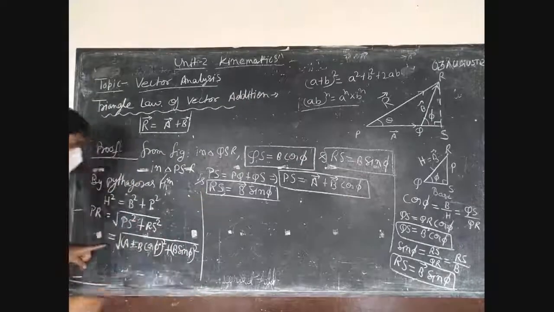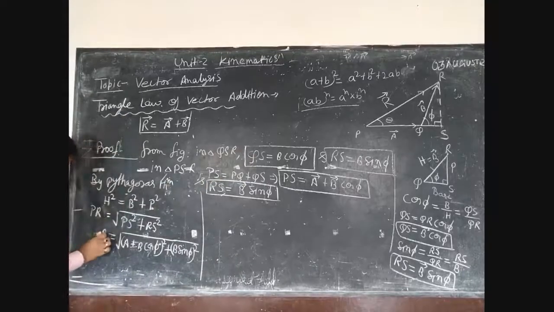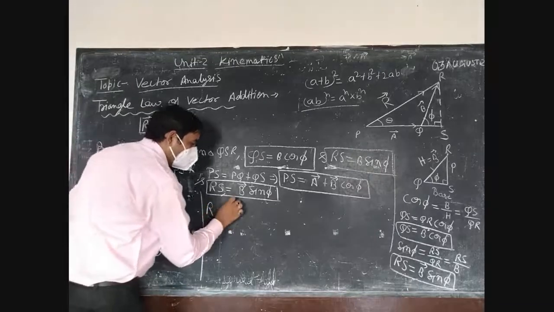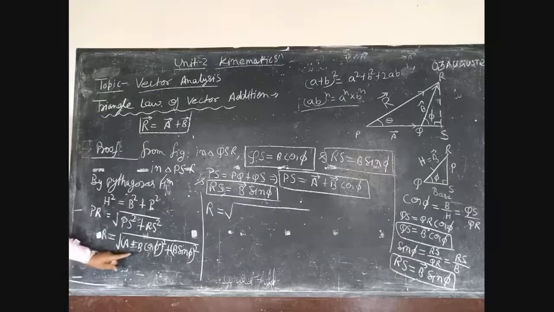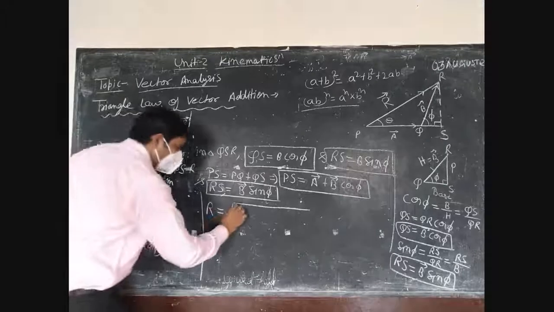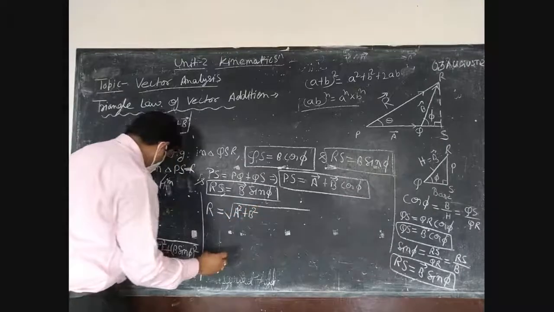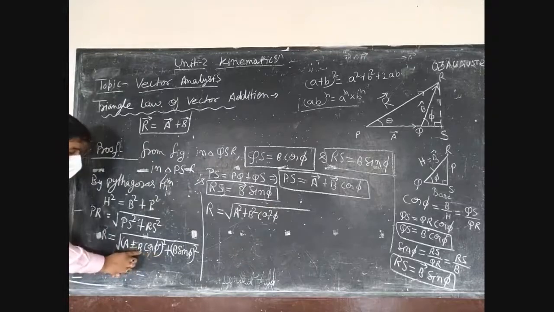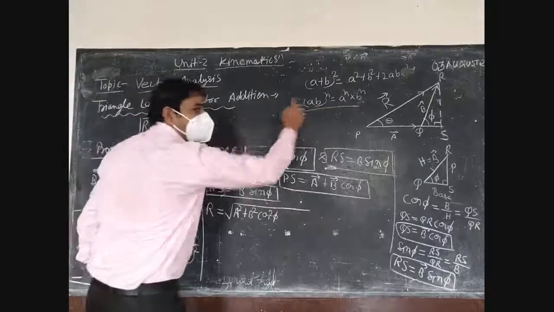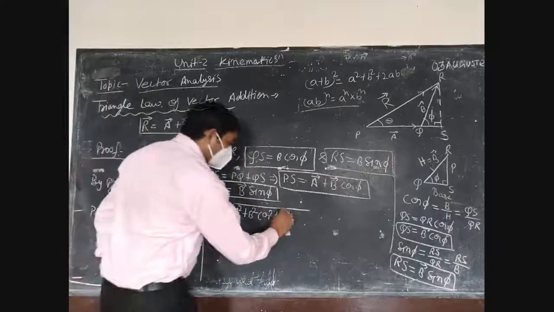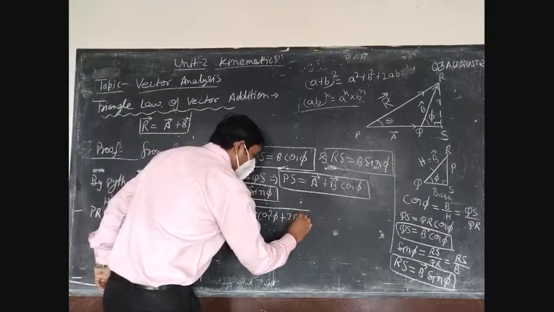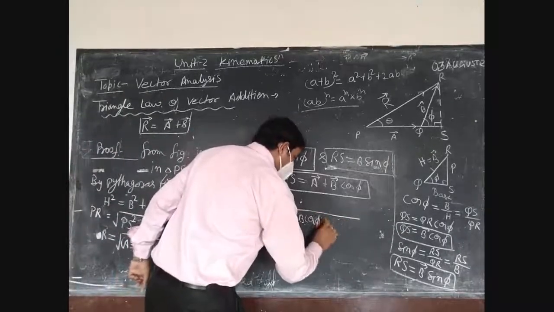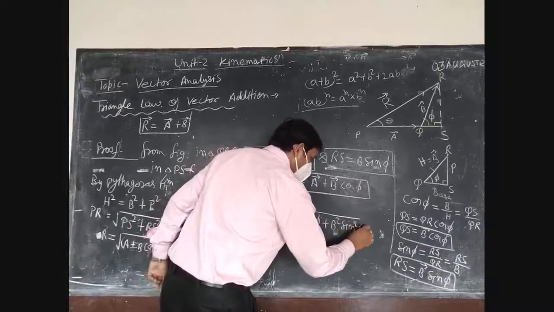Then we get the value of PR, which is vector R. I will use it only in the form of magnitude, that is equal to R. And now A plus B cos phi whole square we get as A square plus B square cos square phi plus 2AB cos phi, and then we have B square sin square phi.